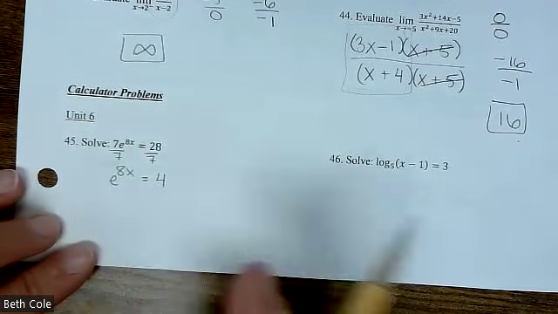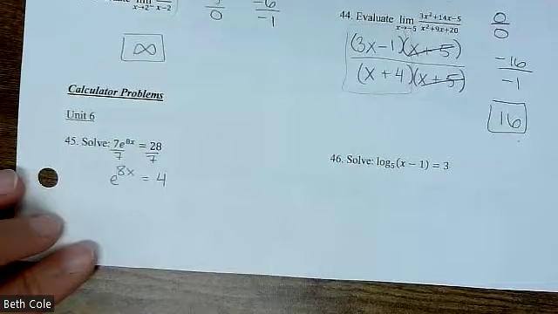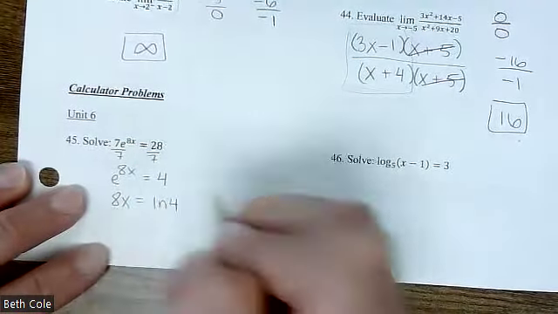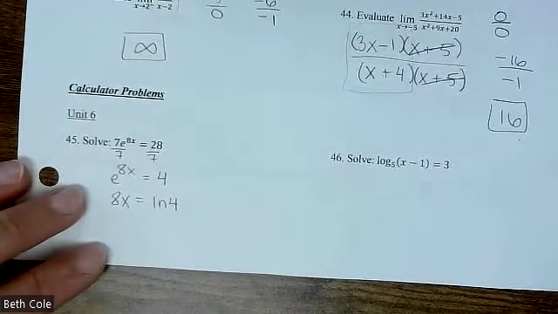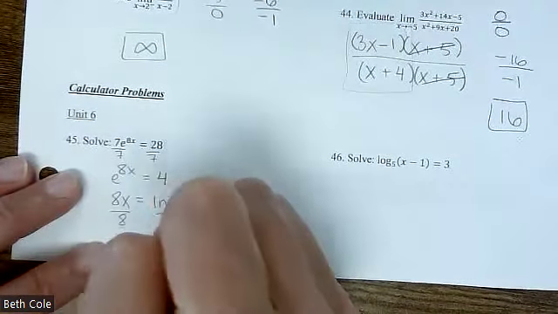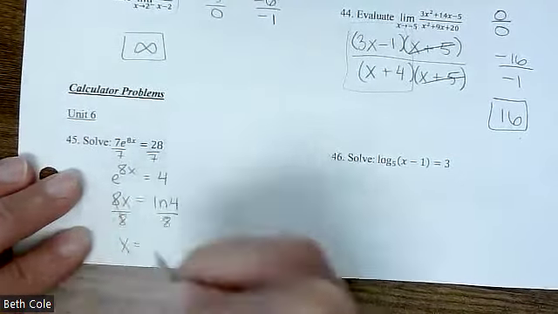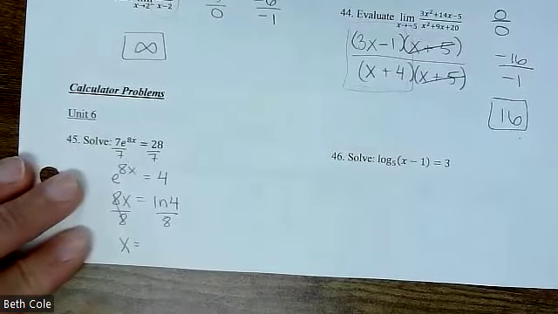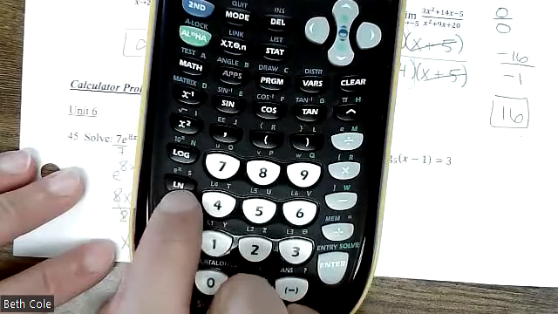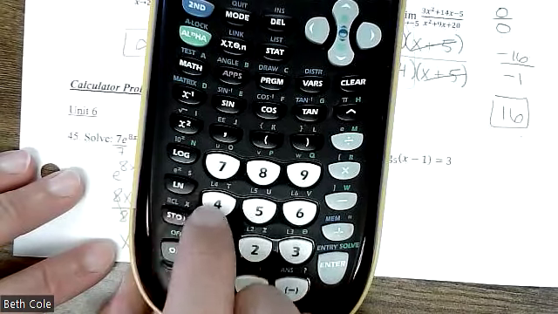Now, the next thing you want to cancel out is e. So what cancels out e? ln. You're going to get 8x equals ln 4. And don't worry, because you have an ln button on your calculator. And then what's your last step? Divide by 8. So what you are going to do is pick up that calculator and type in ln 4 divided by 8. ln is right here if you're looking around for it, kind of next to the 4.